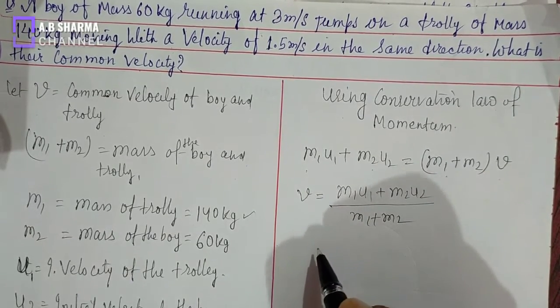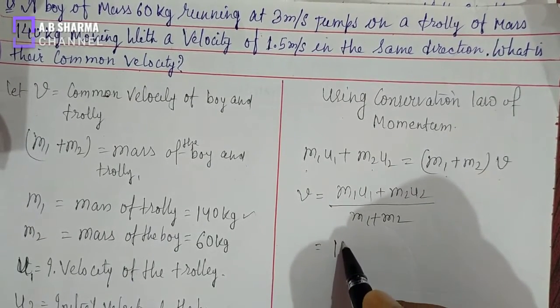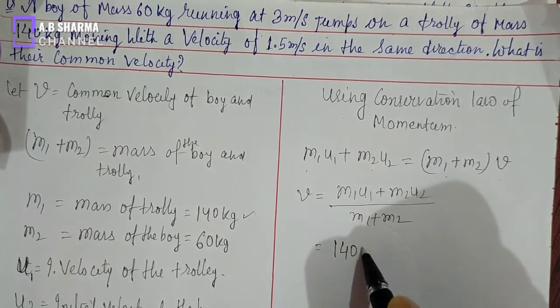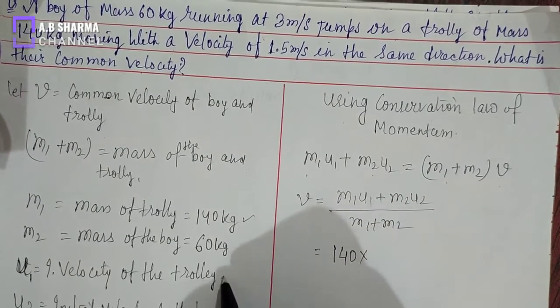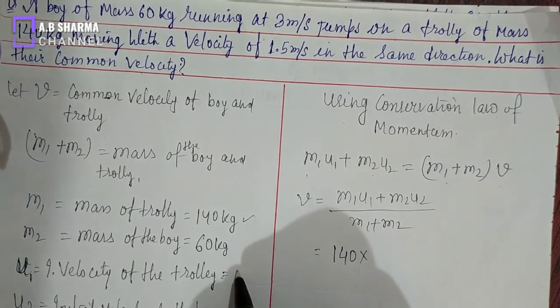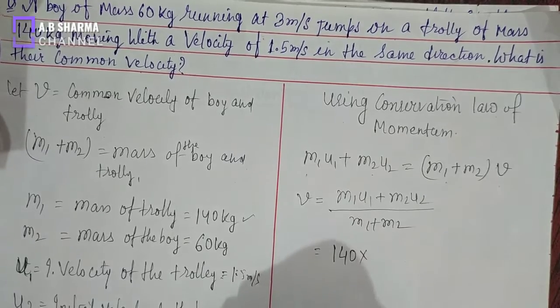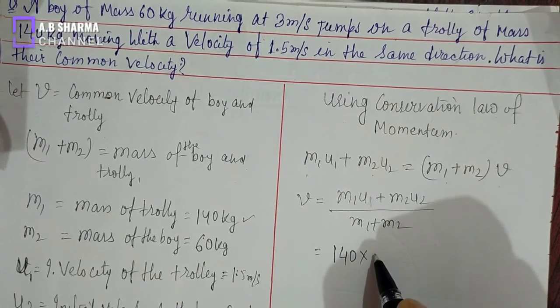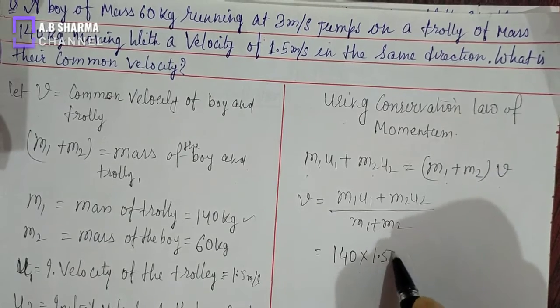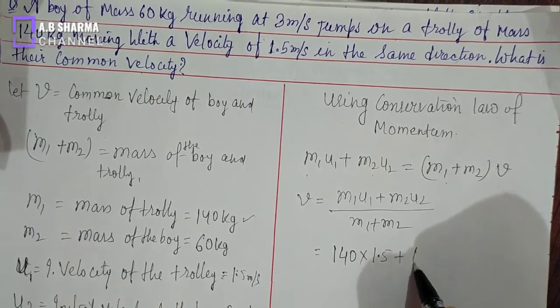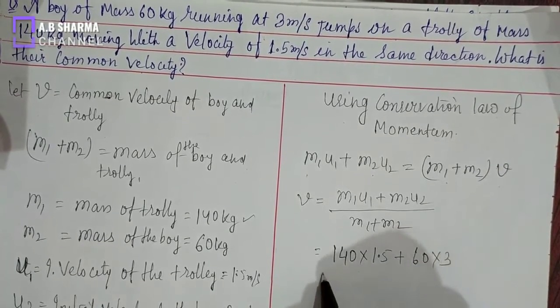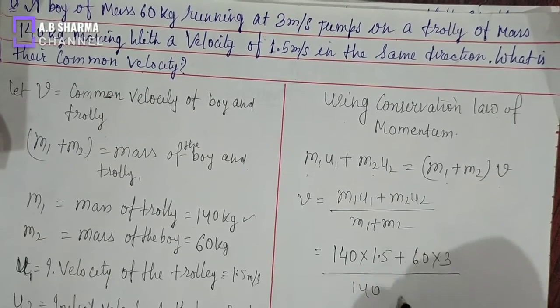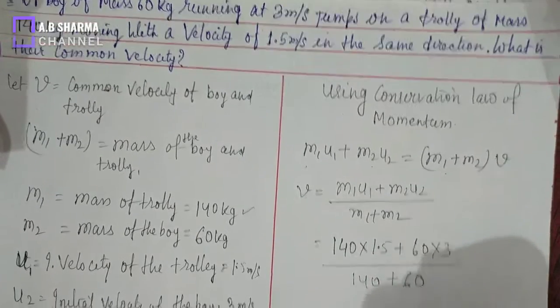M1 is given 140, u1, the initial velocity of the trolley, is 1.5 meter per second, and the boy is 3 meter per second. So 140 into 1.5 plus 60 into 3 divided by 140 plus 60.